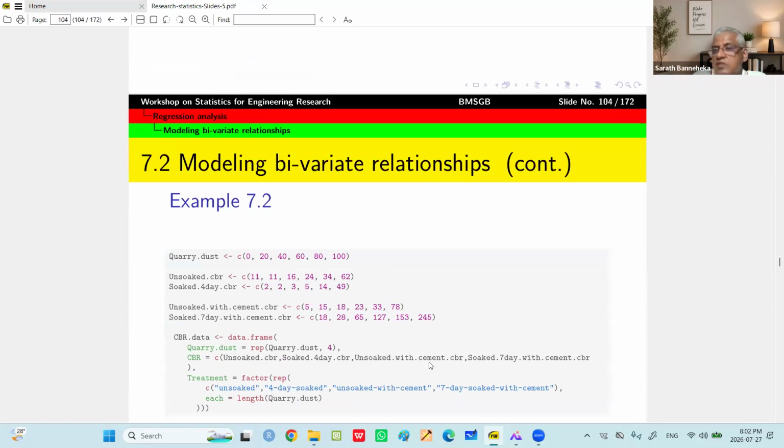Especially the homoscedasticity assumption must be checked. The normality assumption must be checked. Those are very important. I have not seen those things even in most of the papers.